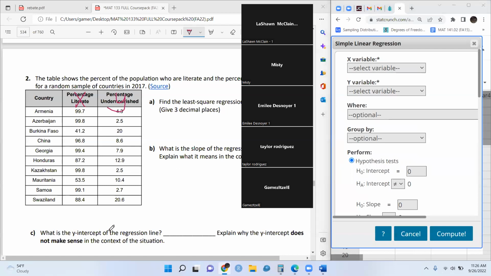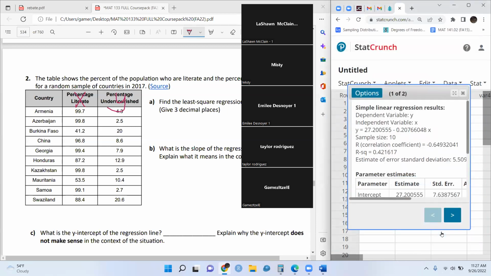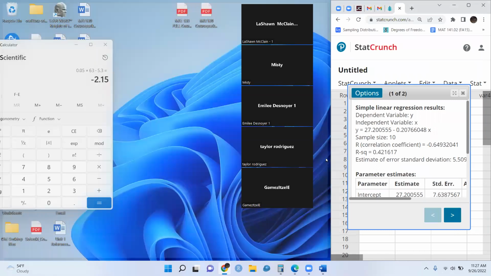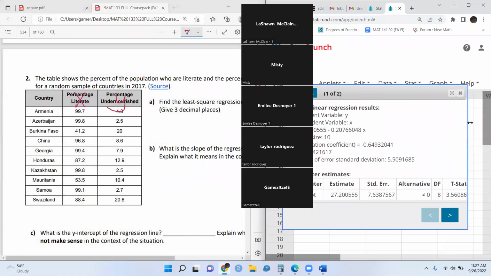After you open the regression, you get this thing. And then all you're doing is selecting the X variable and the Y variable based on the first column and the second column, and then compute. And you'll get this big mess of stuff.